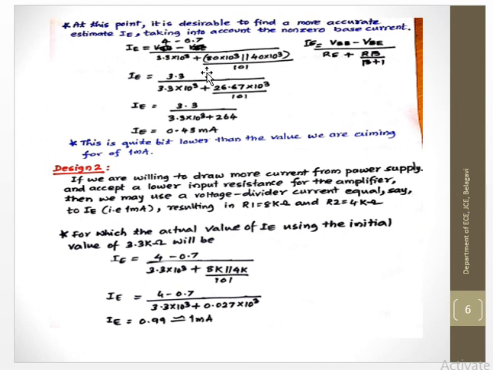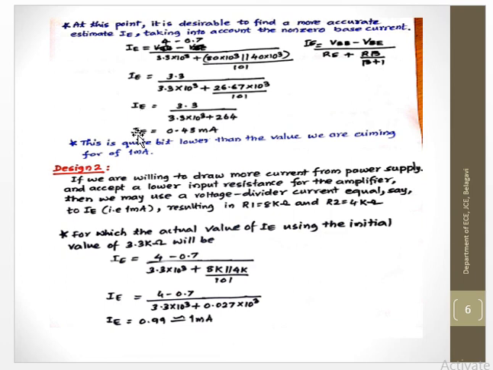We have calculated 80 kilo ohm parallel 40 kilo ohm. So what you have to do is R1 into R2 divided by R1 plus R2. By that you solve this expression for the parallel branch, and you will get around 26.67 kilo ohm. Beta is 100, so beta plus 1 will become 101.